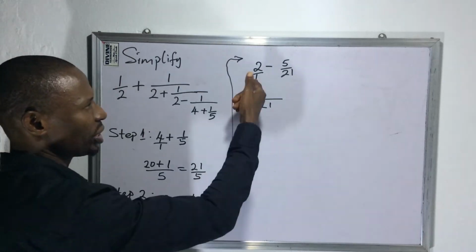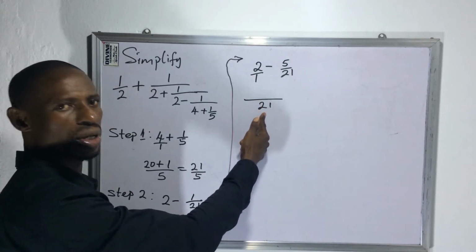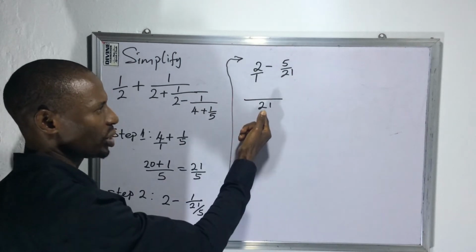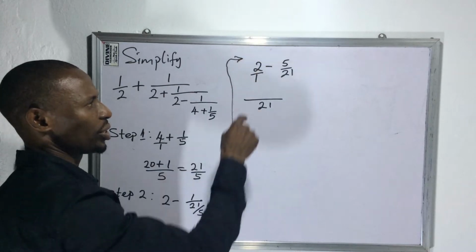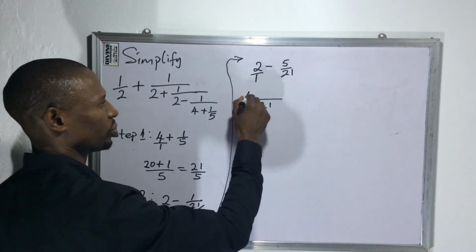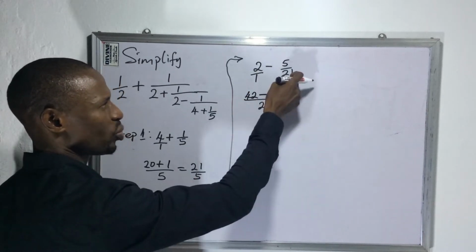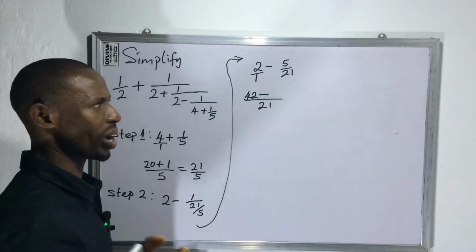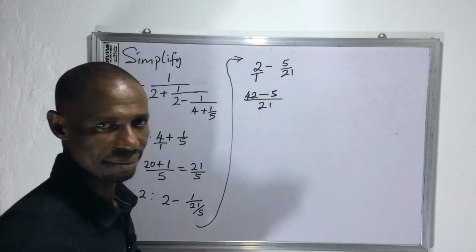So we use this one to divide 21. 1 into 21 will give us 21. Use the 21, which is your answer, to multiply these two. So 2 times 21 gives us 42. Bring down your minus. 21 into 21 gives us 1. 1 times 5 gives us 5.